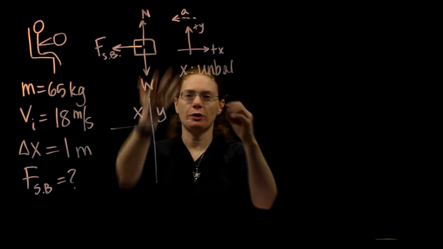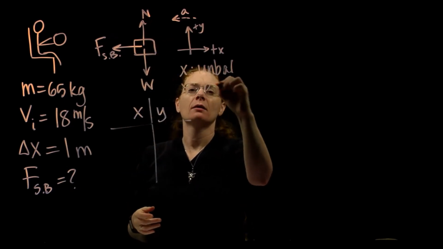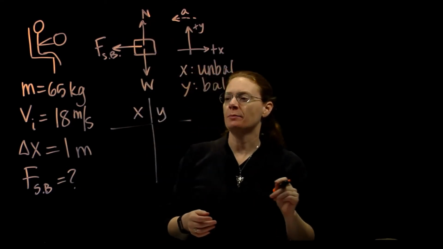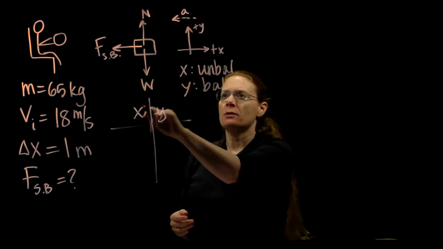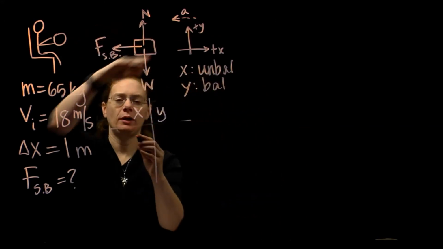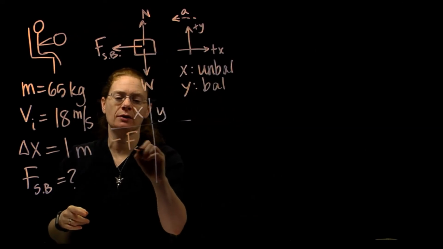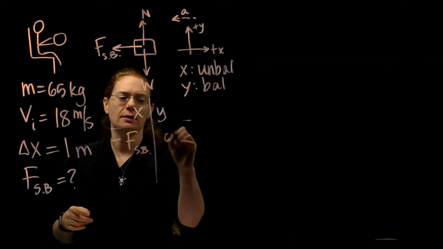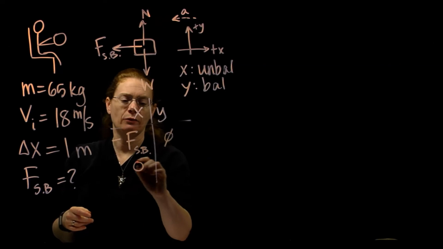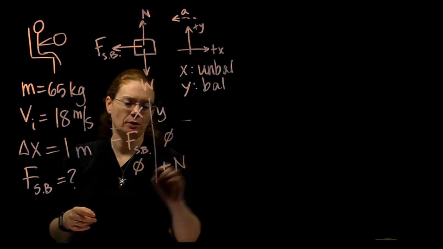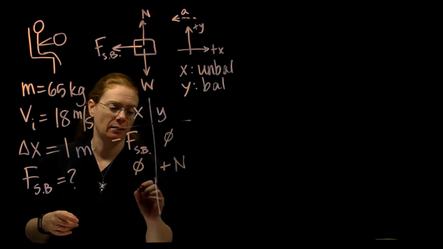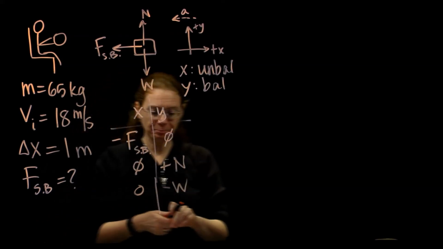There's no motion up or down, hopefully, so I'm going to say in the Y direction, it's balanced. X direction forces: we have a negative force of the seat belt, and that's got nothing in the Y direction. We've got a positive normal, and we have a negative weight.